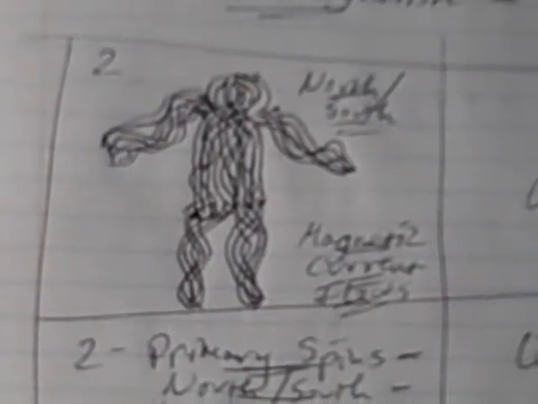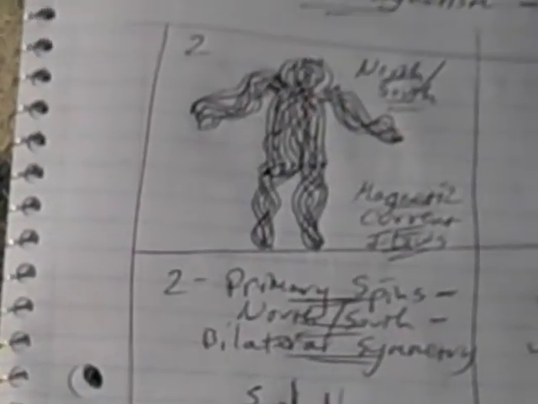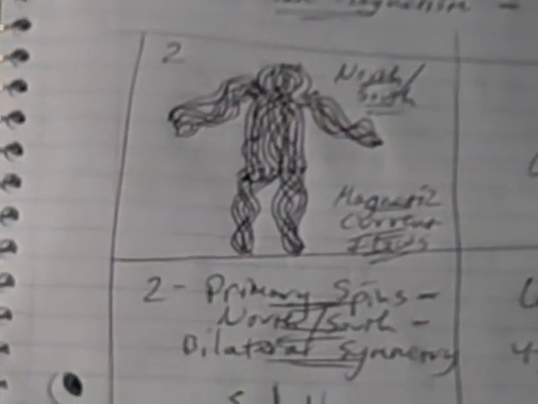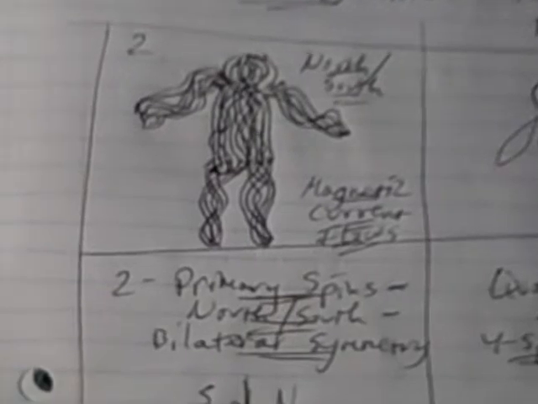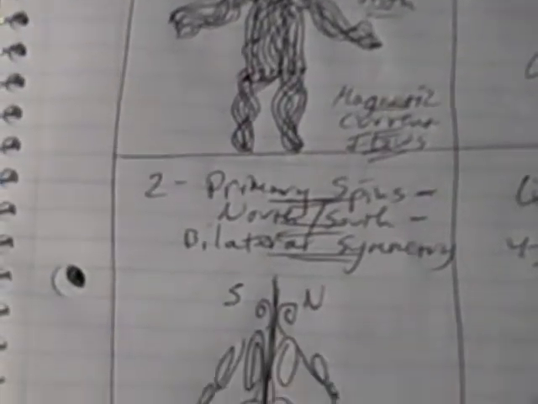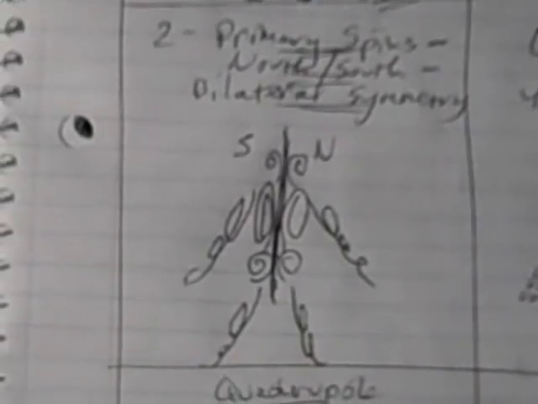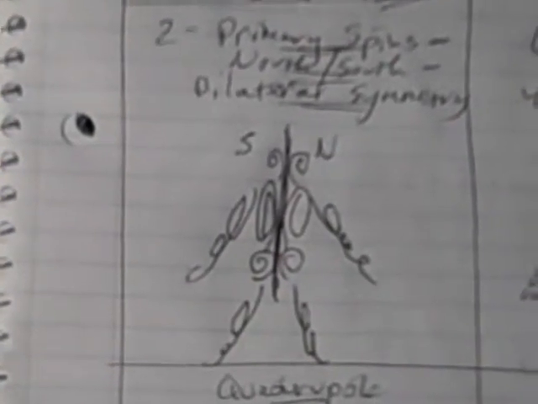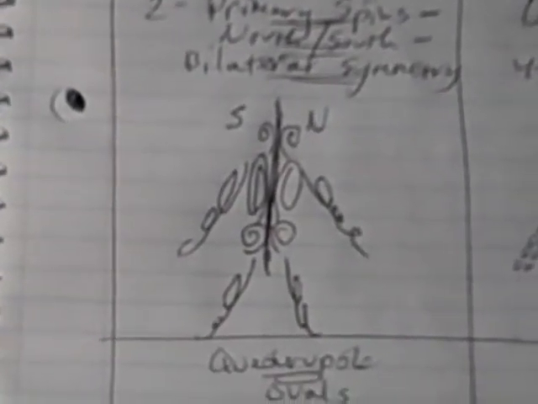Now, another way to look at the magnetic structure: this is two magnetic current flows, north and south, interweaving, crossing the body in whatever ways. But here you have another model, which is similar but different. You have two primary spins, north and south.